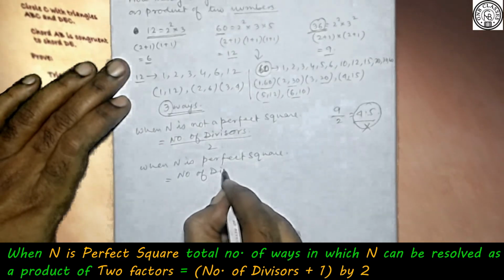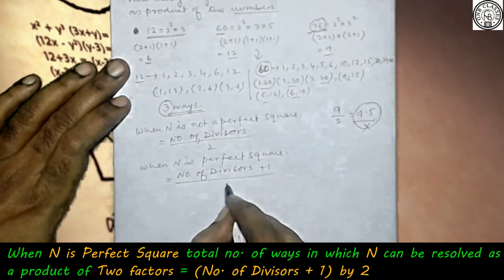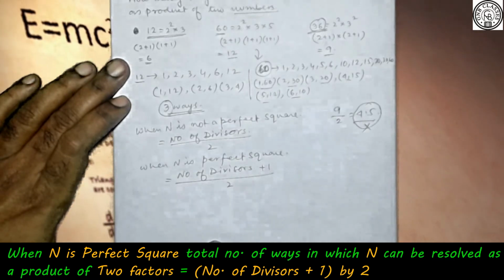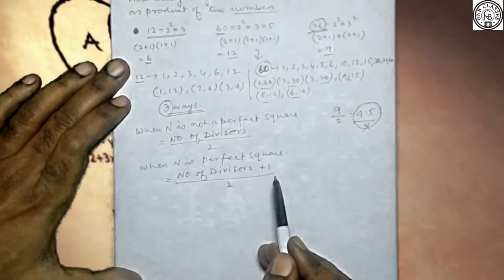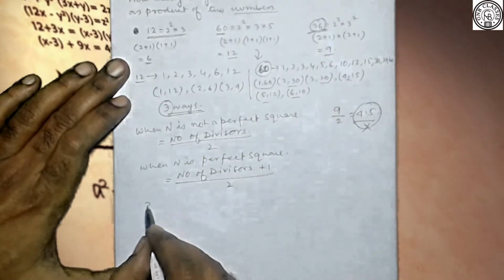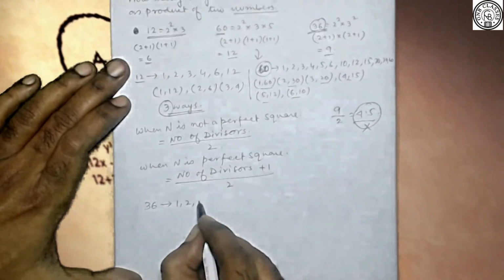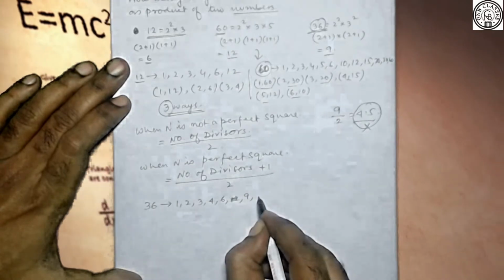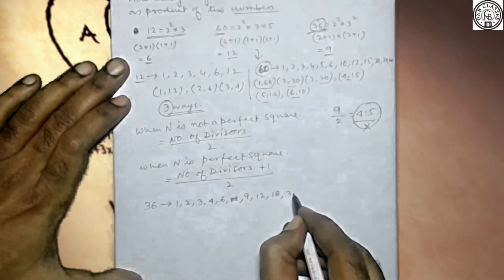(Number of divisors plus 1) divided by 2 is the total number of ways in which the number which is a perfect square can be resolved as a product of two numbers. Let us just check it. What are the divisors of 36 there? 1, 2, 3, 4, 6, I'm sorry, 9 is there. 9, then 12, 18 and 36.